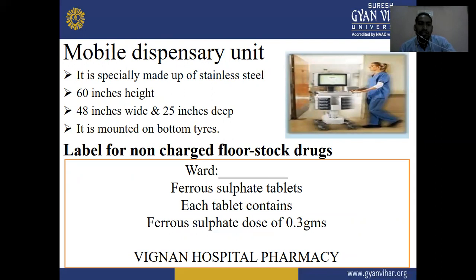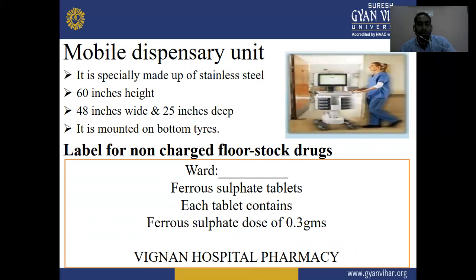It is 60 inches in height, 48 inches wide and 25 inches deep. It is mounted on bottom tires.